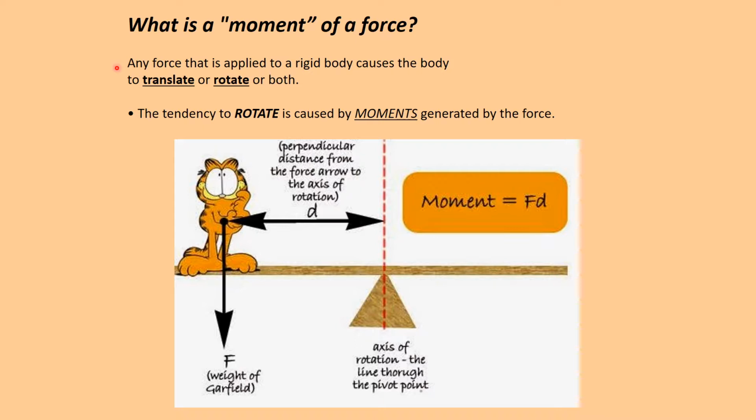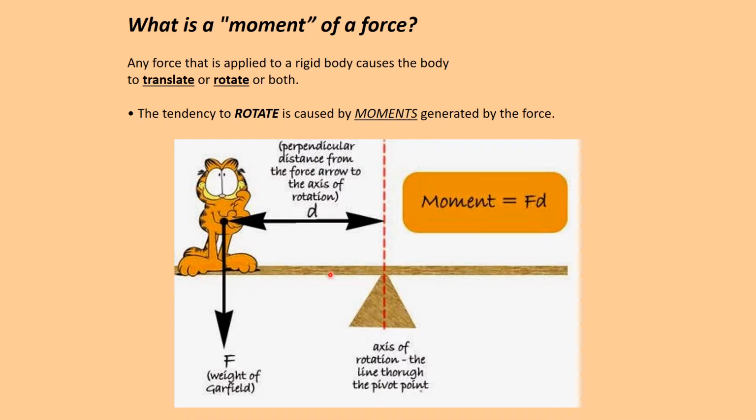Any force that is applied to a rigid body causes the body to translate or rotate, or both. The tendency to rotate is caused by moments, which are created by a force applied some distance from an axis of rotation.